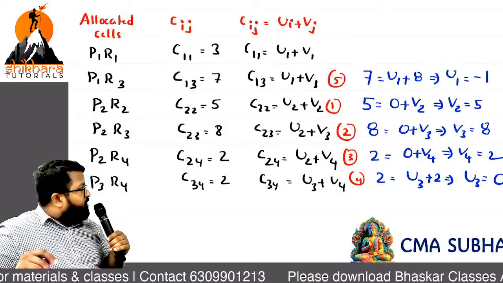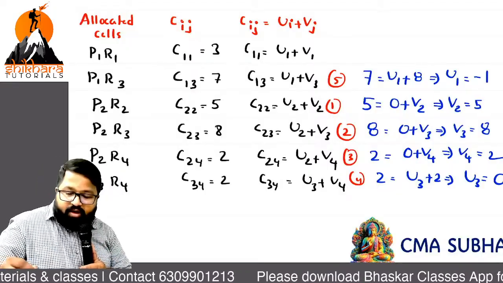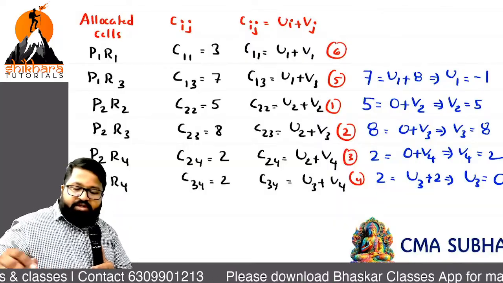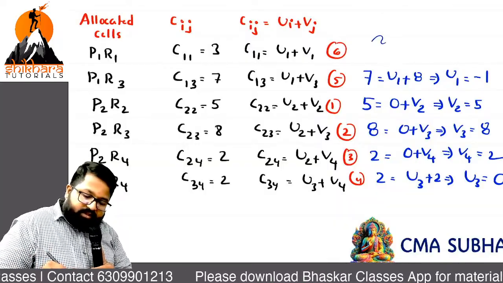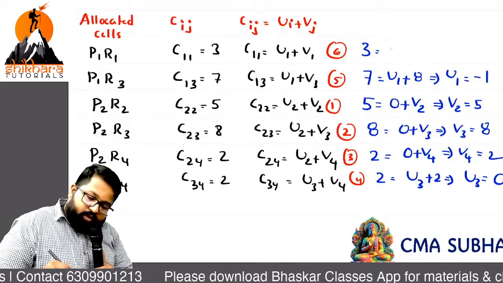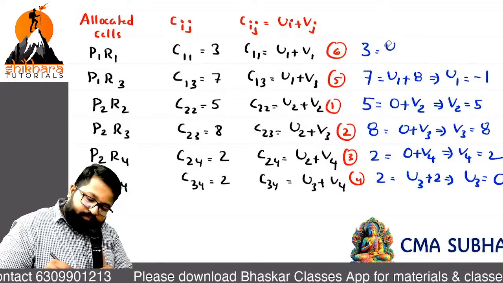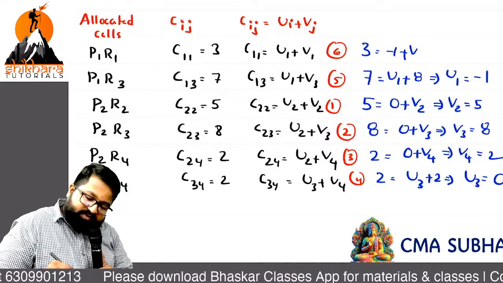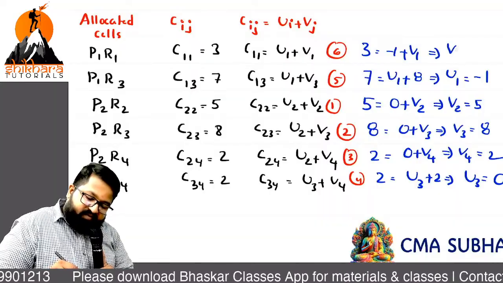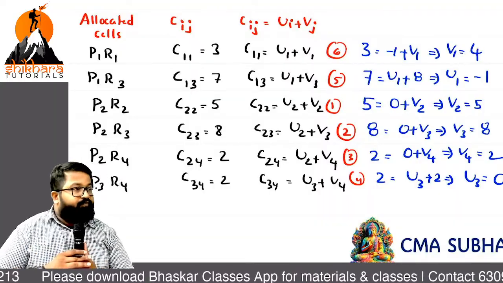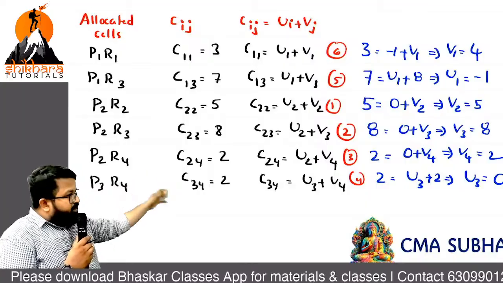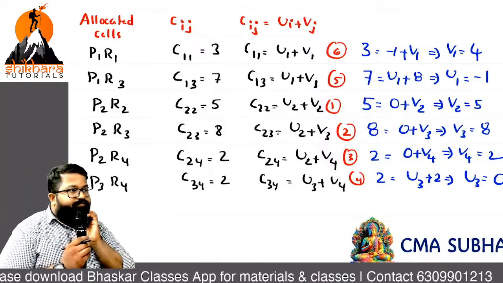We got the value of U1, so we can unlock the sixth equation. That is 3 is equal to U1, minus 1, plus V1. That implies V1 is equal to 4. Whatever values you got here, fill in the table.